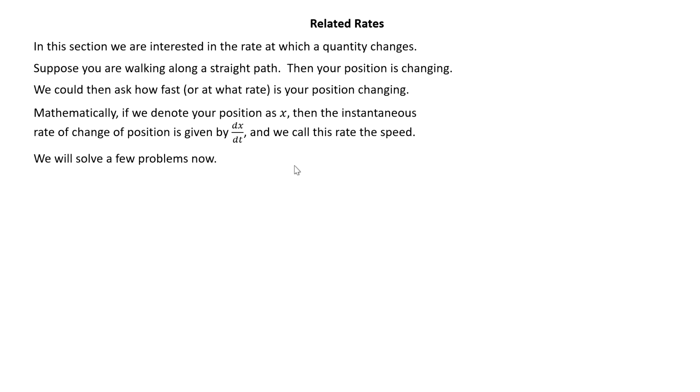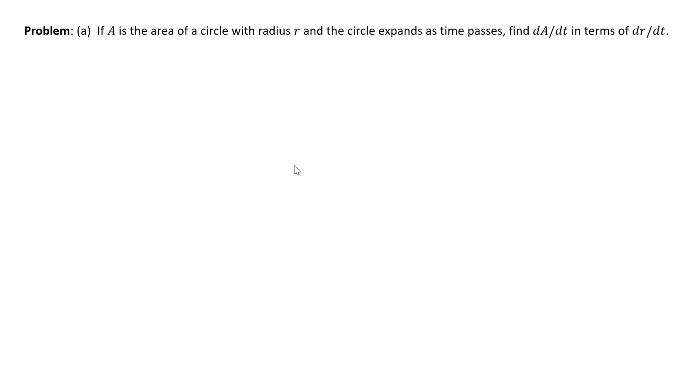All the point I'm trying to make is if there is a quantity x, then dx/dt represents the rate at which that quantity is changing. My intention is not to solve way too many problems, maybe one problem or two, and that's all I want to focus on.